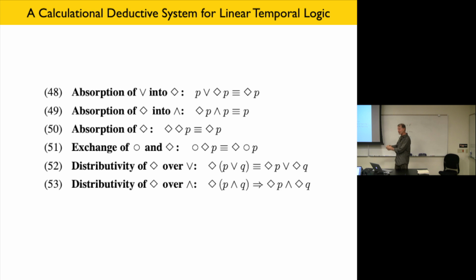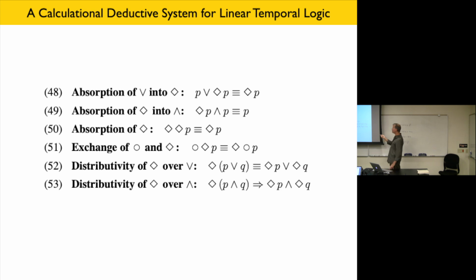If eventually you're going to have eventually P, what does that equivale to? You're going to eventually have P. See how that absorbs into itself? Eventually eventually P is eventually P. You can have as many as you want. Stack them up, and they'll all collapse into one. Remember that one. We're going to come back to that.